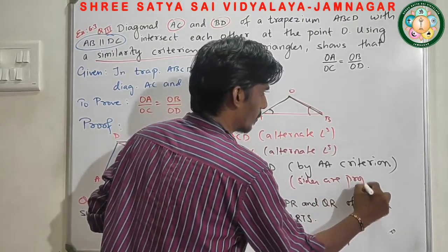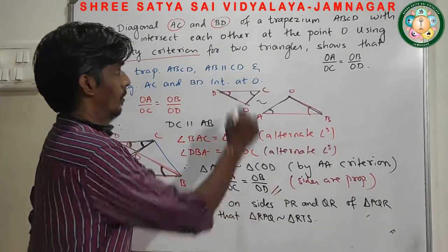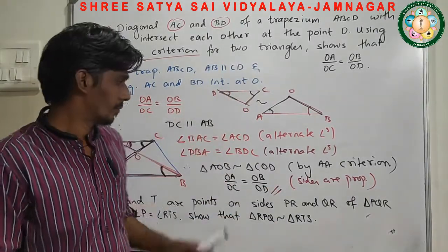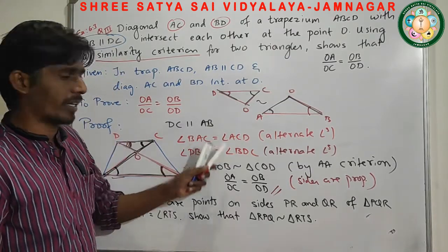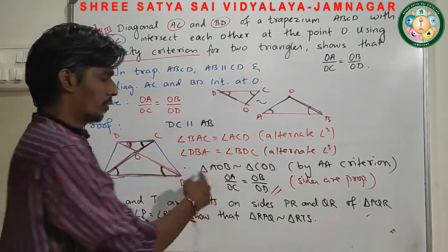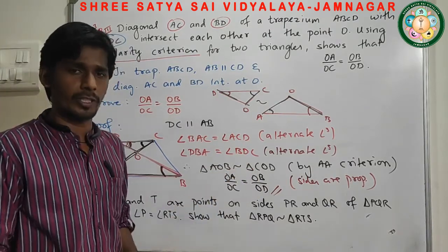Sides are in proportion. So this is the way we can solve question number 3 of exercise 6.3. So we proved just two angles equal, then they are similar, and if they are similar they are in proportion.